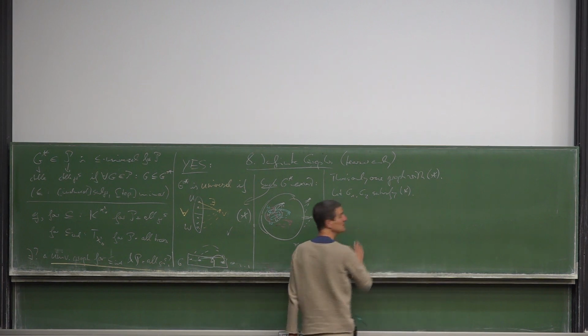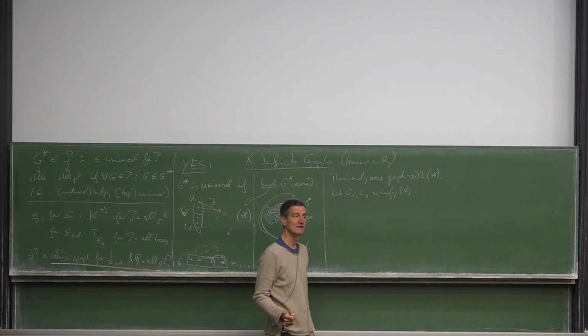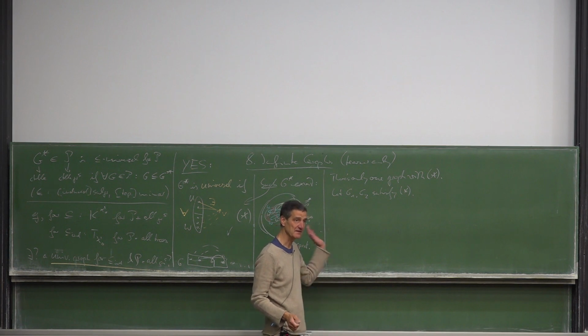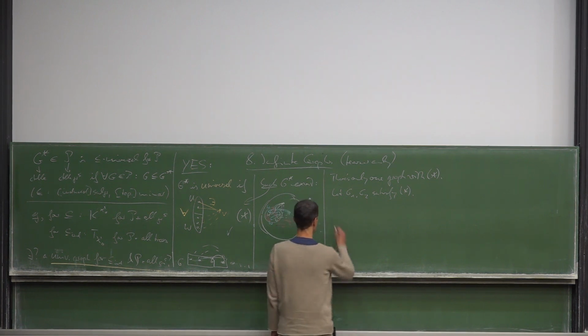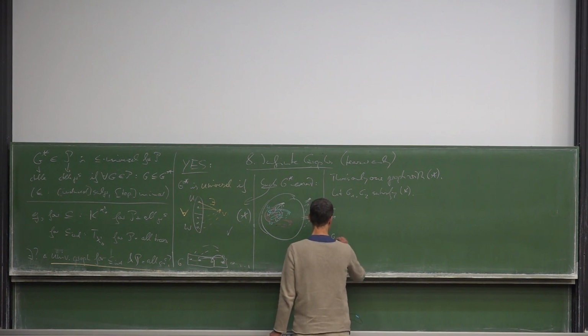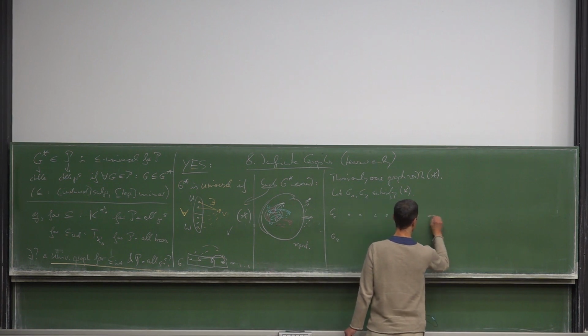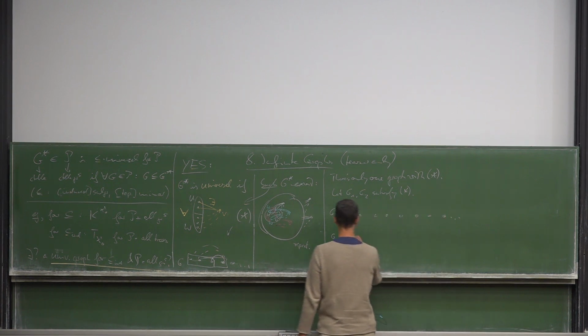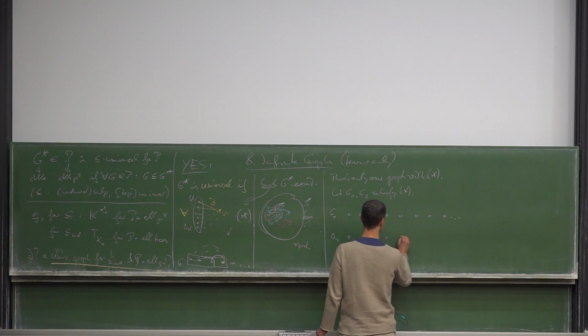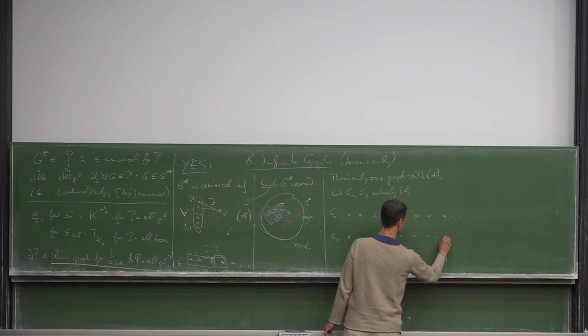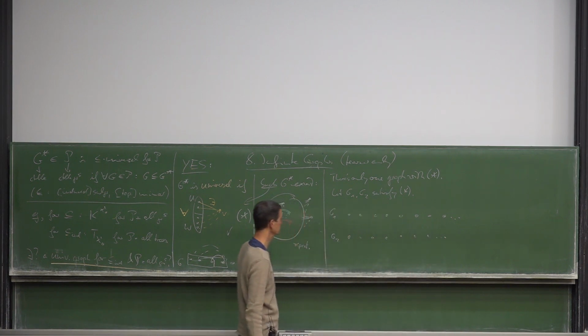Let's build a bijection. Let's define a bijection that will be an isomorphism between G1 and G2. So here's G1, here's G2. Enumerate all the vertices for both graphs.